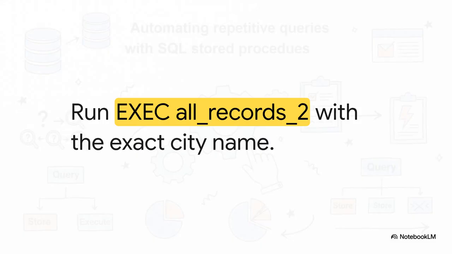So let's say we saved that new dynamic version as a procedure called all_records_2. To run it, you use your exec command, the procedure name, and then you just pass in your specific parameter, like this, @city equals ABC. The procedure runs, takes ABC, drops it straight into that saved where clause, and seamlessly fetches only the employees located in that specific city. It is brilliantly efficient, don't you think?